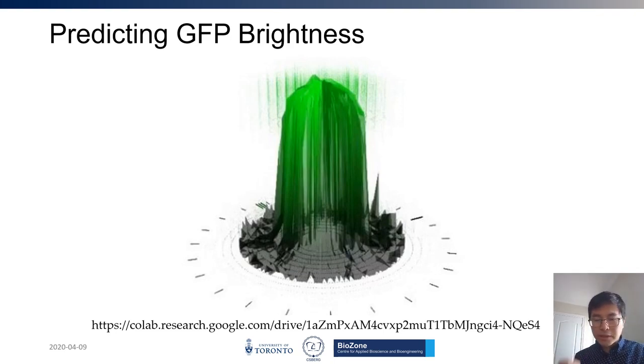Given some protein sequence, we wanted to predict, for example, in this case, the brightness of that sequence. I also have a link to a Colab notebook where you can actually train a GFP sequence to function model for yourself, all the way from parsing the data, loading the data, and evaluating the model. So the full pipeline written in PyTorch.